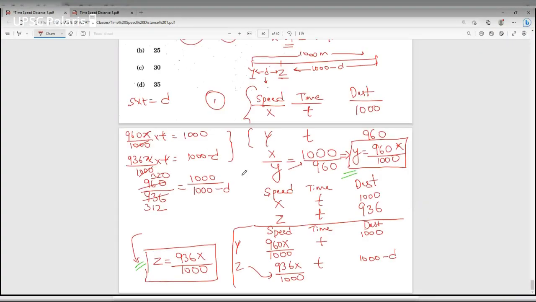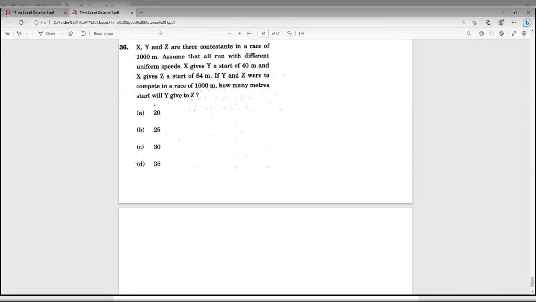So from here, we have got this thing, 320 divided by 312. So you need to simplify this. I think this is not divided by 3. So here we'll divide it by 2.